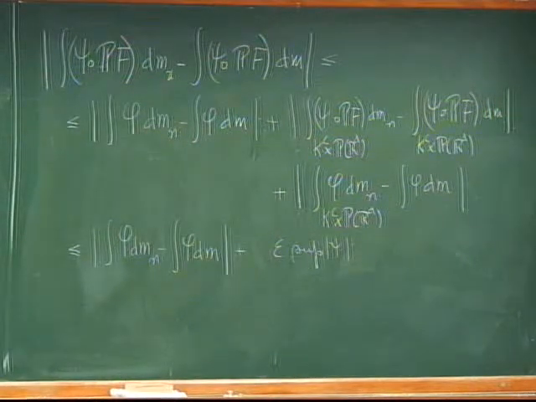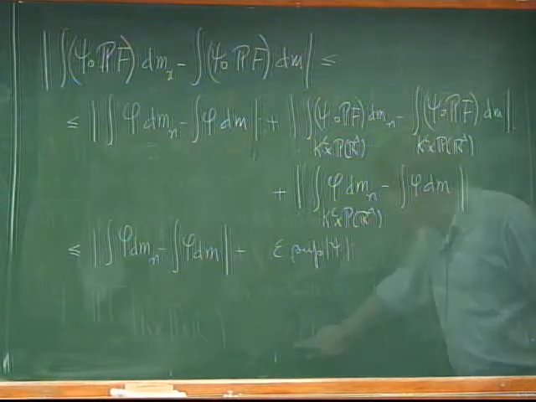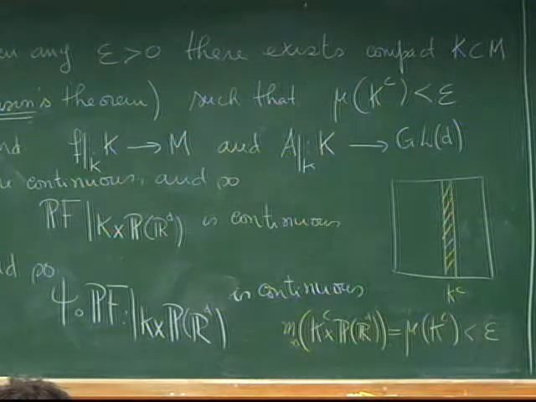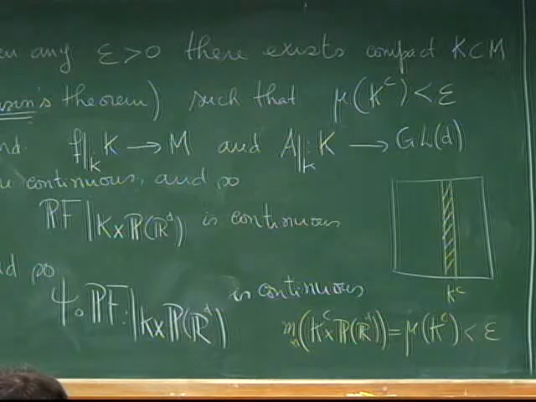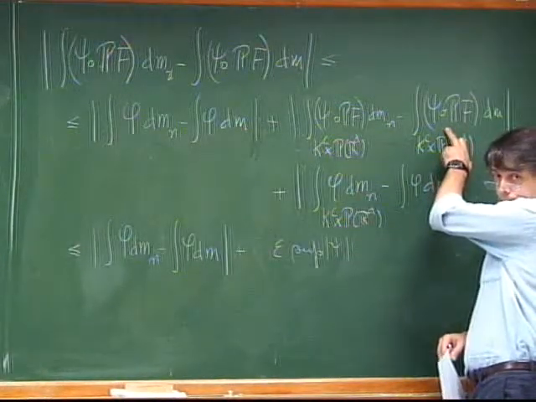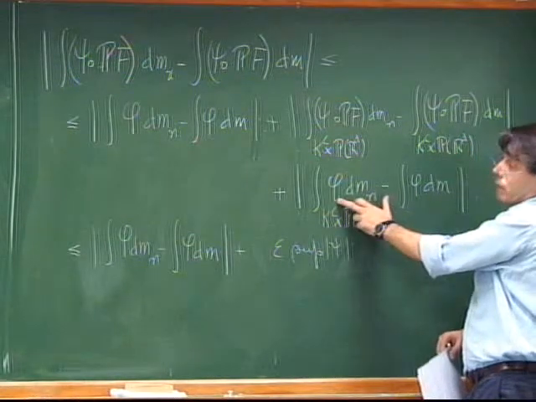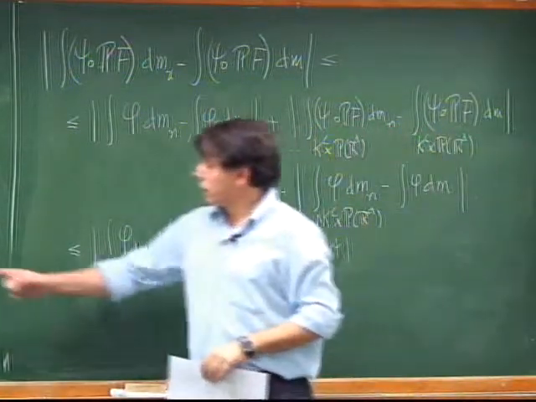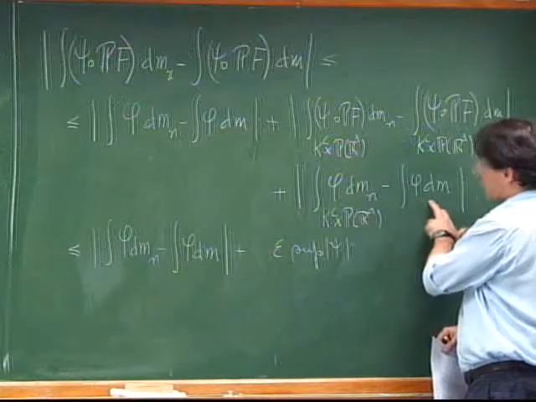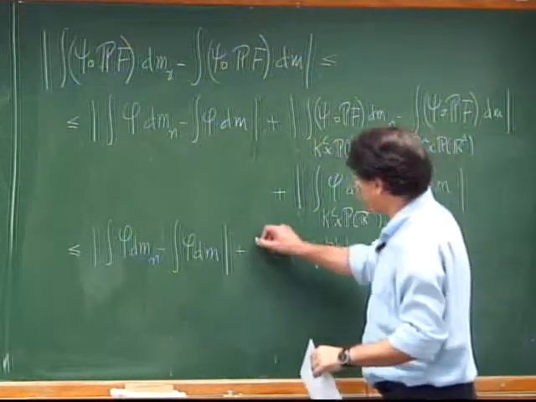So this integral is smaller than epsilon times the supremum of psi, and this is also smaller. The supremum of phi is less or equal than the supremum of psi, so the same calculation works here, and the same calculation works here. So, plus 4 epsilon.